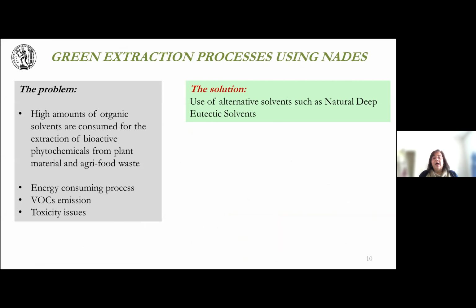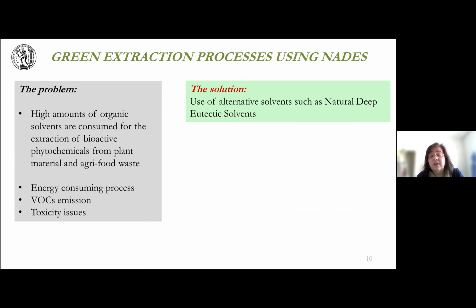After that, we proceeded to develop green extraction processes using NADES. The problem in industrial processes using extractions is that they use high amounts of organic solvents, and this is energy consuming, and it causes volatile organic compound emissions.